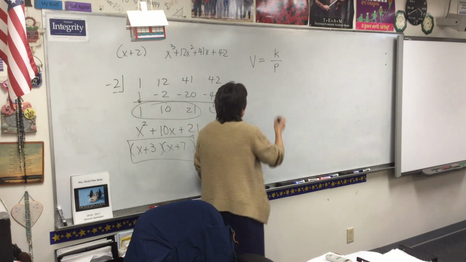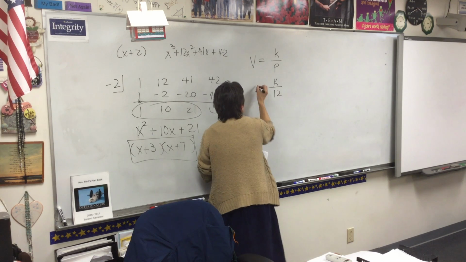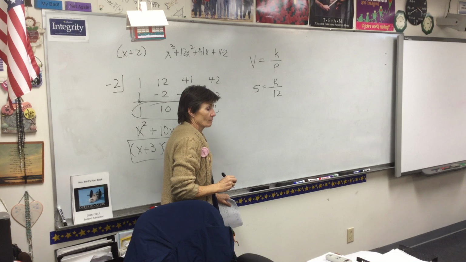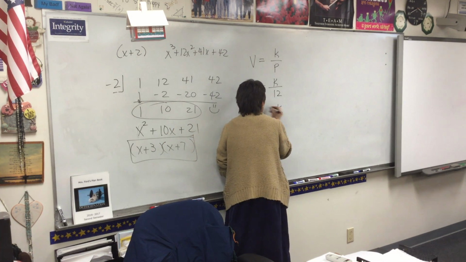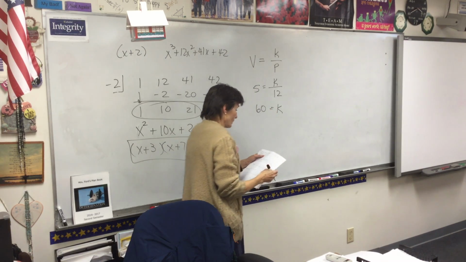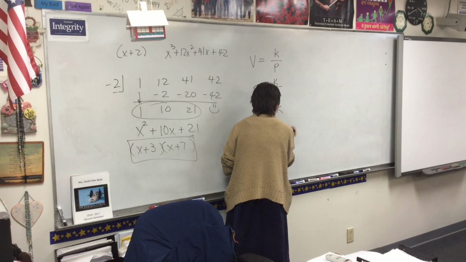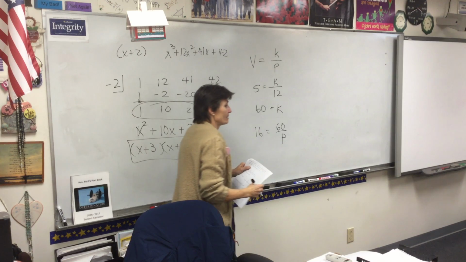If the pressure is 12, the volume is 5. Okay, so that makes K equal to 60. Find the pressure when the volume is 16.